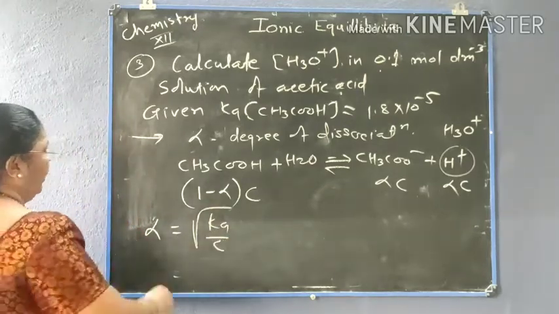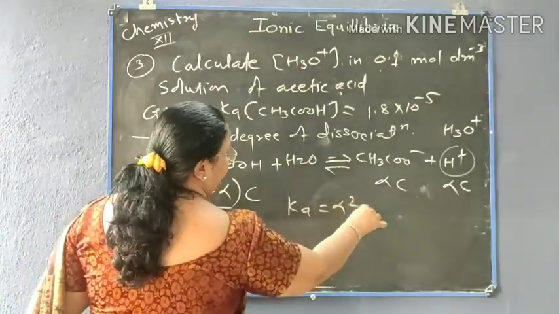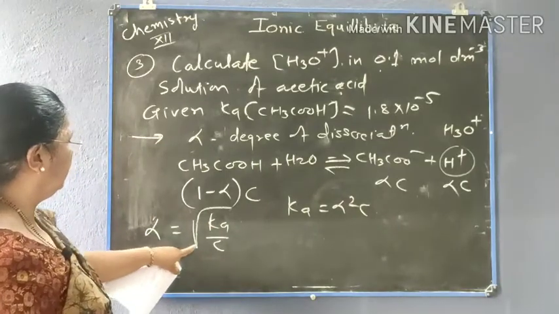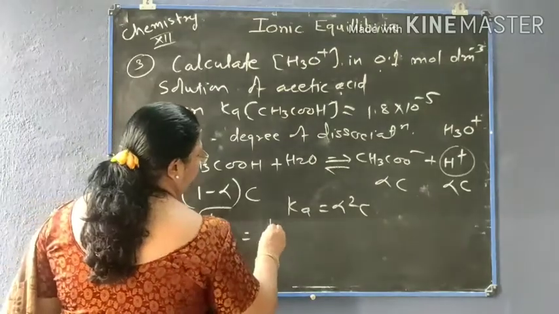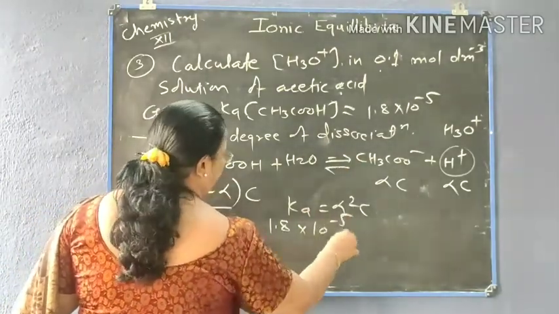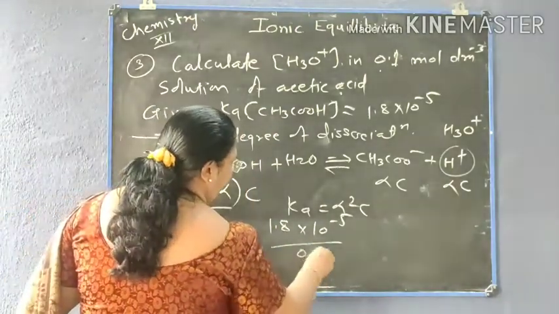You know the Ka formula, Ka is equal to alpha square C. So by considering this equation, alpha is equal to square root of Ka by C. Here the Ka value is given as 1.8 into 10 raised to minus 5, and the concentration is given, that is 0.1.